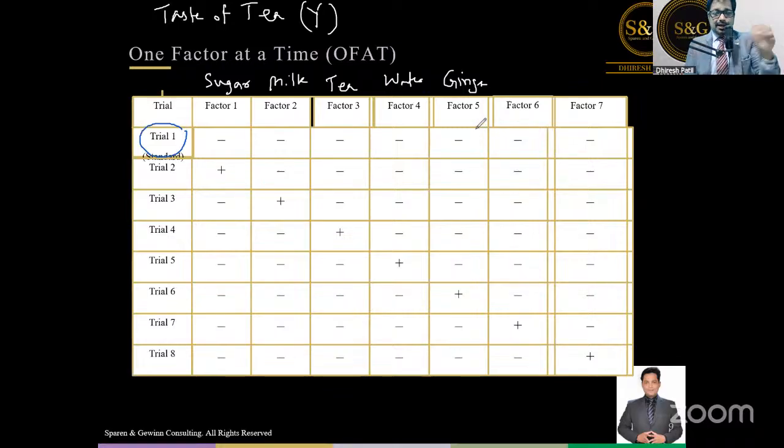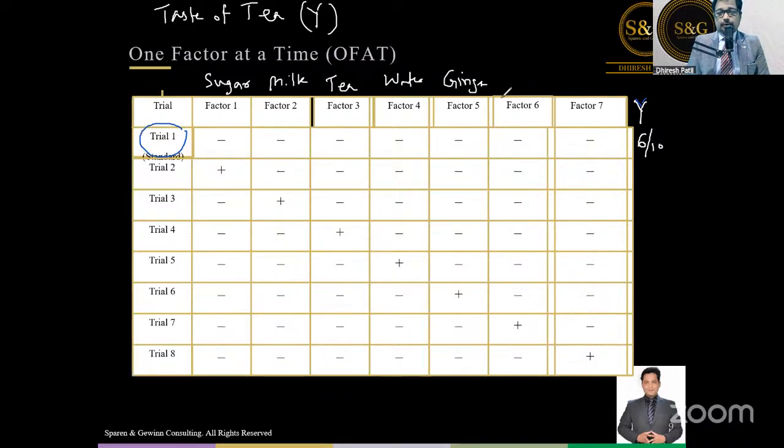So this will be the lower setting. So minus meaning all lower setting, and then we will make a cup with that setting, and then we will test that cup. Okay. So here we will write the Y, which is the taste. Let's say the taste is 6 out of 10.